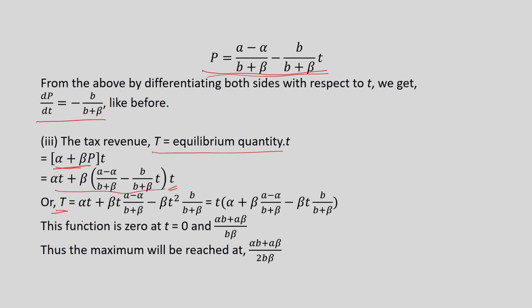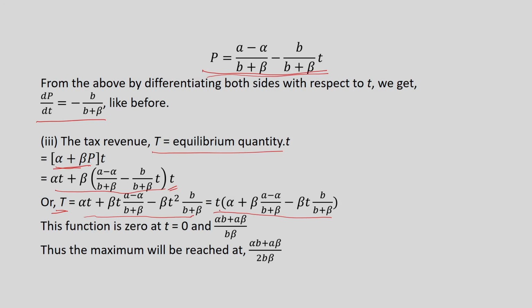Now, I have to simplify this expression a bit, and by removing the brackets, I get this expression: t multiplied by [alpha plus beta (A minus alpha) divided by (B plus beta) minus beta t multiplied by B divided by (B plus beta)].